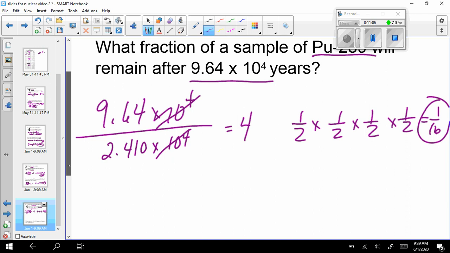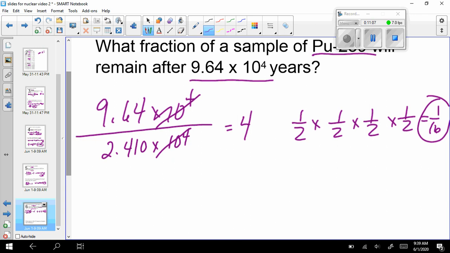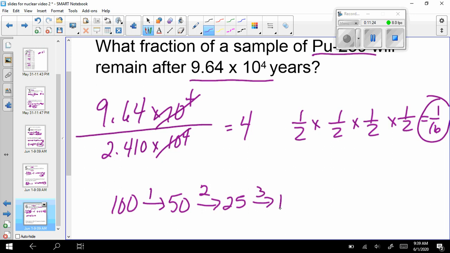All right, there is a way of checking this as well, or you could do your other math this way. So let's say I had 100 grams. After 1 half-life, that would be 50. After 2 half-lives, that would be 25. After 3 half-lives, that would be 12.5. And after 4 half-lives, that would be 6.25.